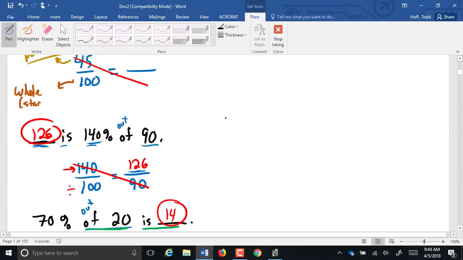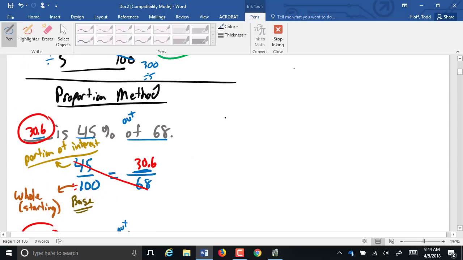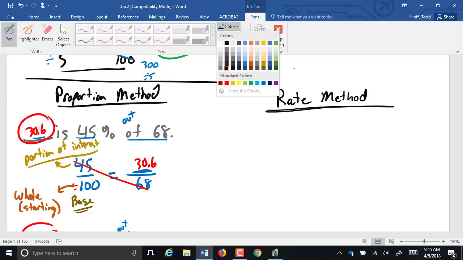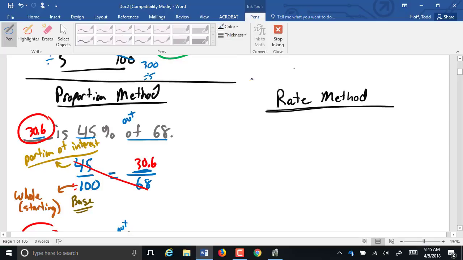There is something called the rate method of percents. The rate method for calculating percent involves turning the percent into a rate. Now a rate, remember, is just the decimal. So 45% as a decimal would be 0.45.